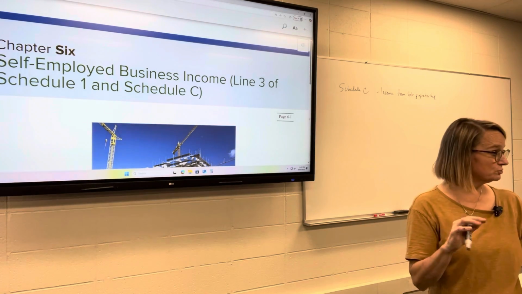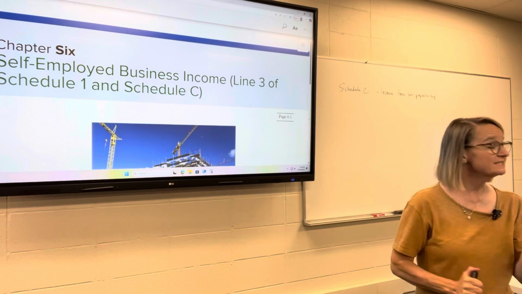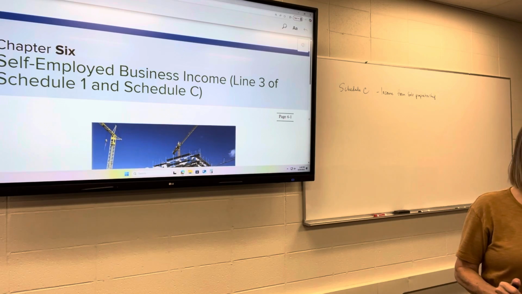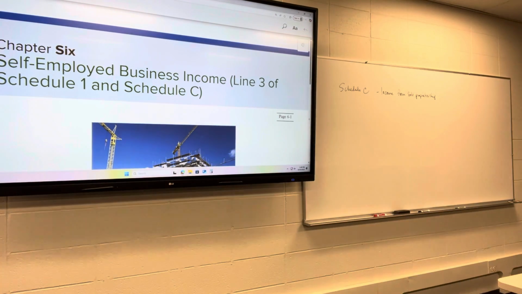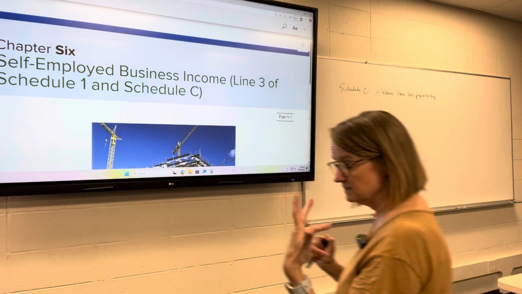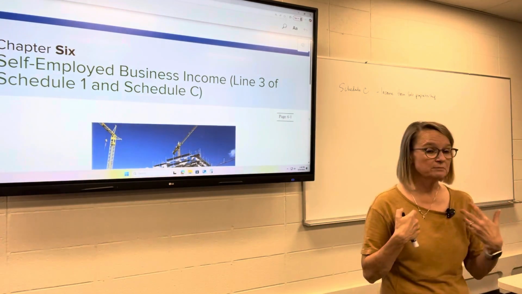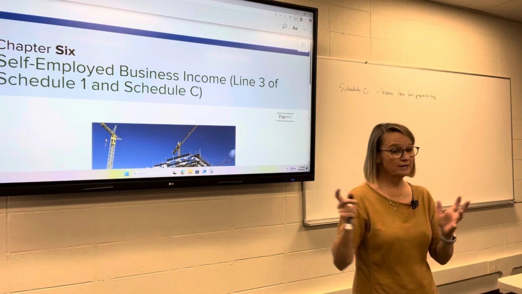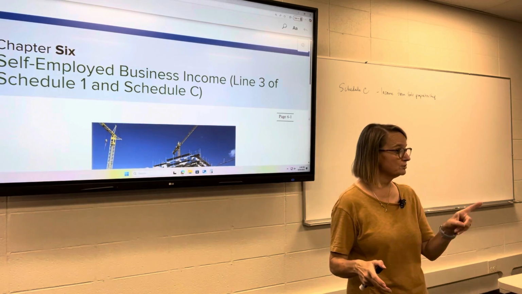Now, just because you're a sole proprietor, we're talking about ownership here. You can still have employees as a sole proprietor. You can pay other people to perform services for you and provide W-2 forms for them and do all the things that an employer does. You can be an employer as an owner of a Schedule C, but what we're talking about here is that the ownership of the business is only one person.